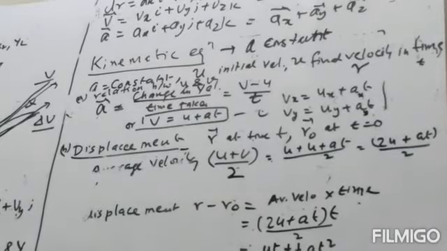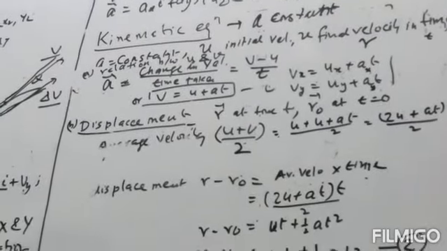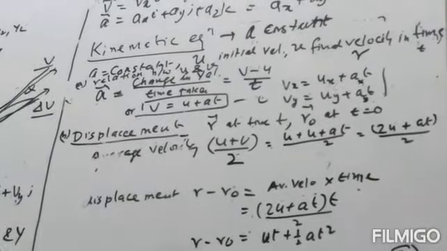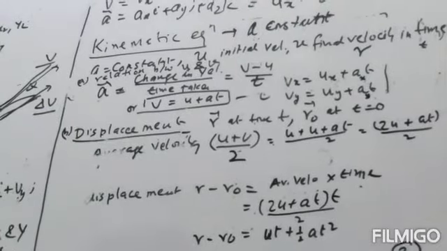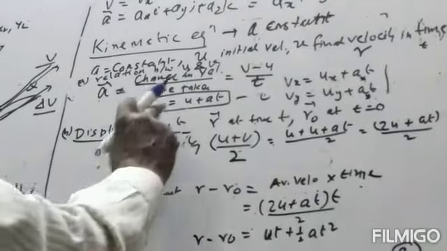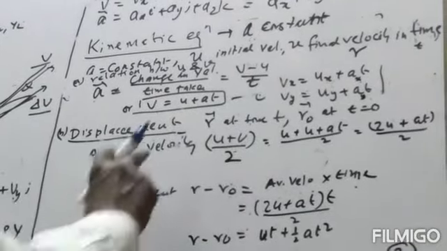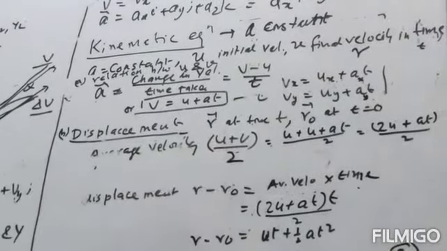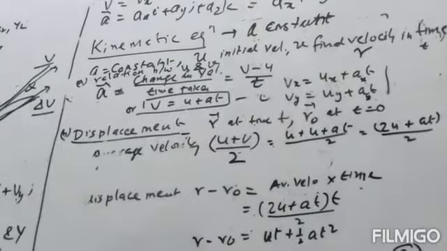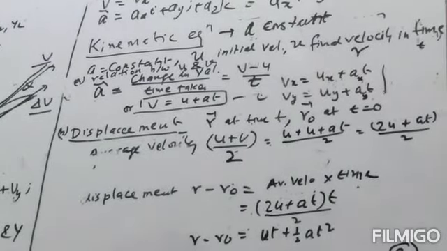This equation is for one dimension, two dimensions, three dimensions. So for two dimensions, we will have the velocity in x direction vx equal to the initial velocity in x direction ux plus acceleration in x direction ax into t.